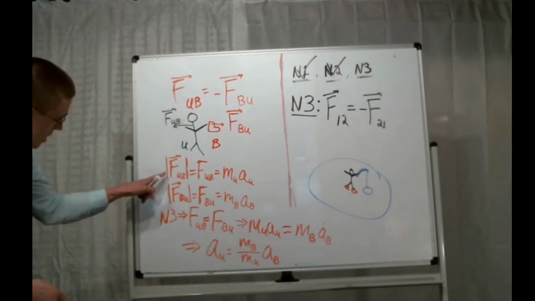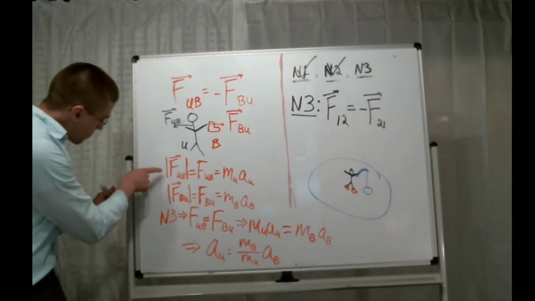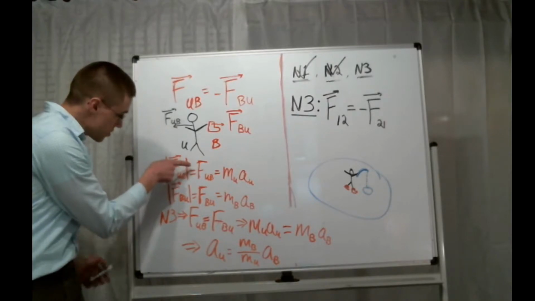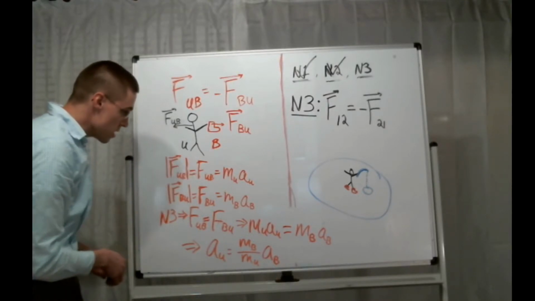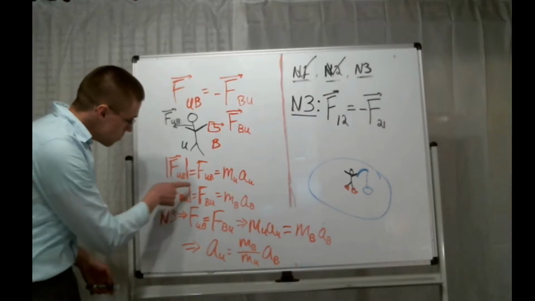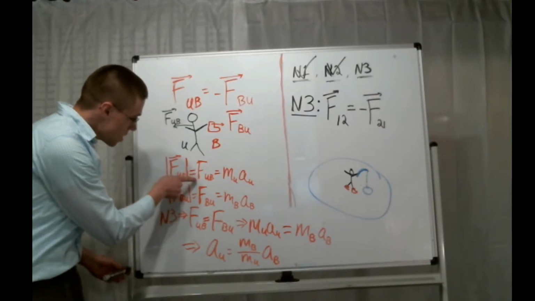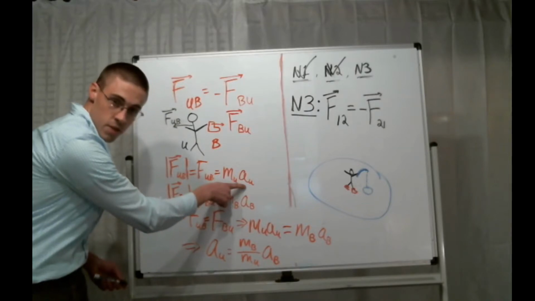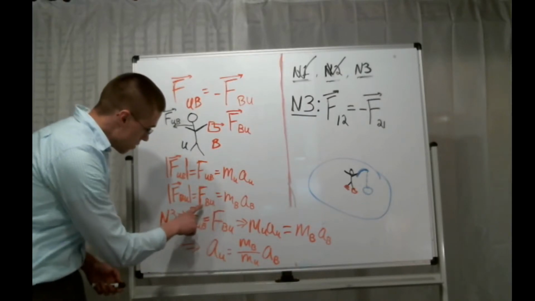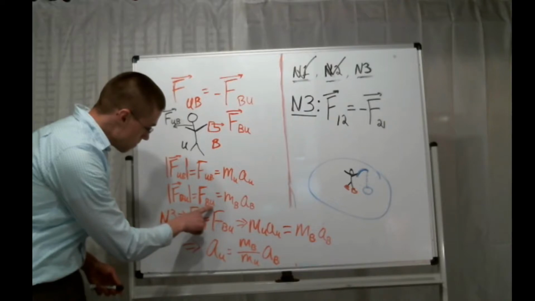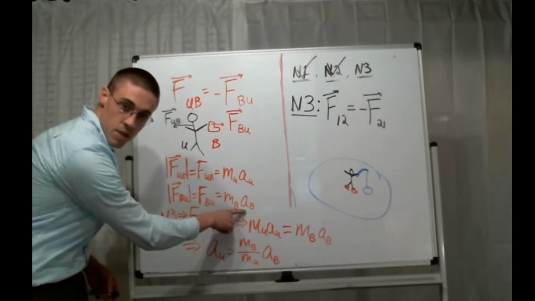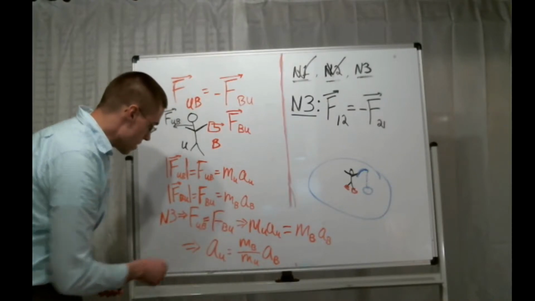Okay, here are the magnitudes of these two vectors, right? Just reminding you of the notation: when I drop the arrow over the top, that just refers to the magnitude of the force. So you can see here, the magnitude of the force on you by the boot is equal to your mass times your acceleration, right? And the force on the boot by you is the mass of the boot times the acceleration that the boot experiences, okay?